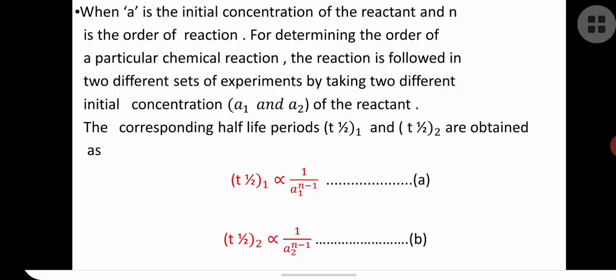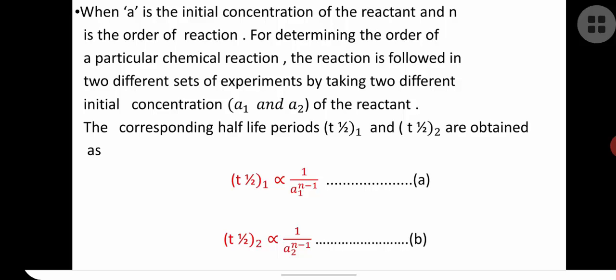For determining the order of a particular chemical reaction, the reaction is followed in two different sets of experiments by taking two different initial concentrations, A1 and A2, of the reactant.